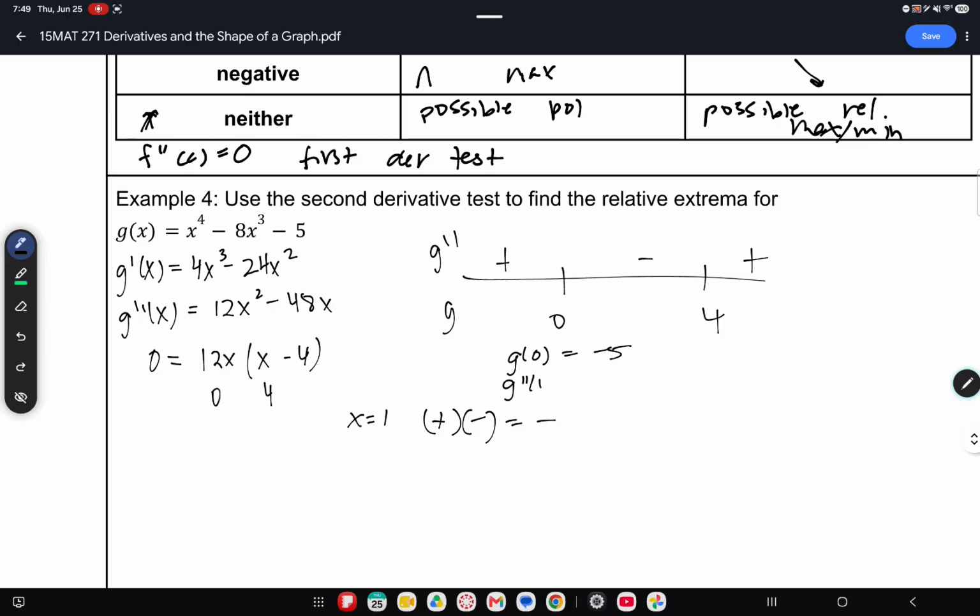If I plug it into the second derivative, I get 0. So I would need to use the first derivative and plug it in to see what happens. But we're just using the second derivative, so we'll just say can't be determined with the second derivative.